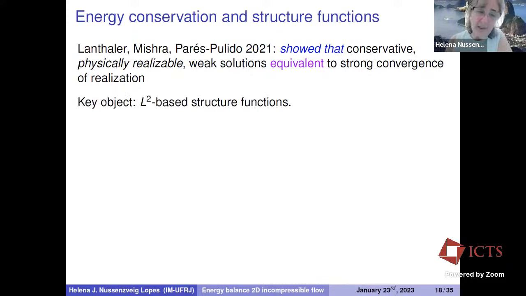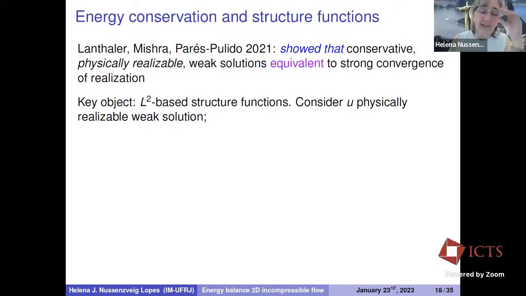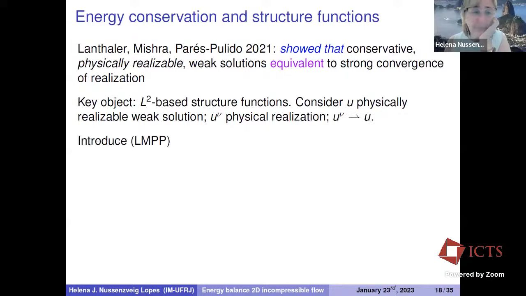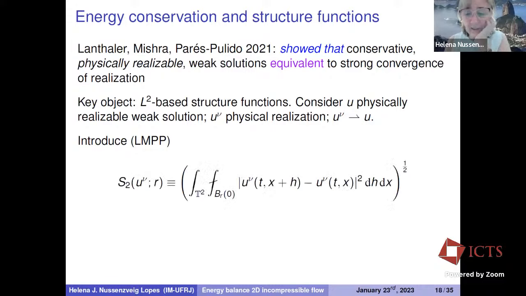The key object that they used to do this was the L2-based structure functions. So what are these things? We consider a physically realizable weak solution, a physical realization, and Lanthaler, Mishra, and Parés Pulido introduced this structure function.